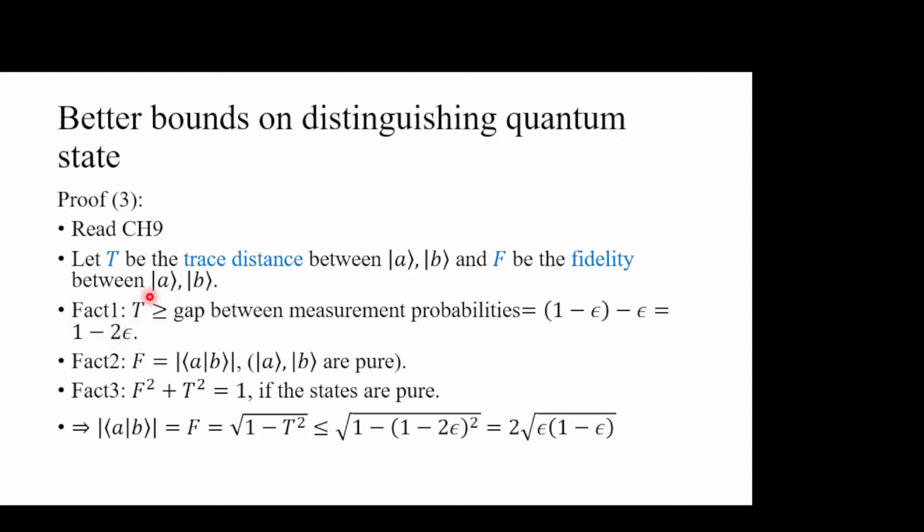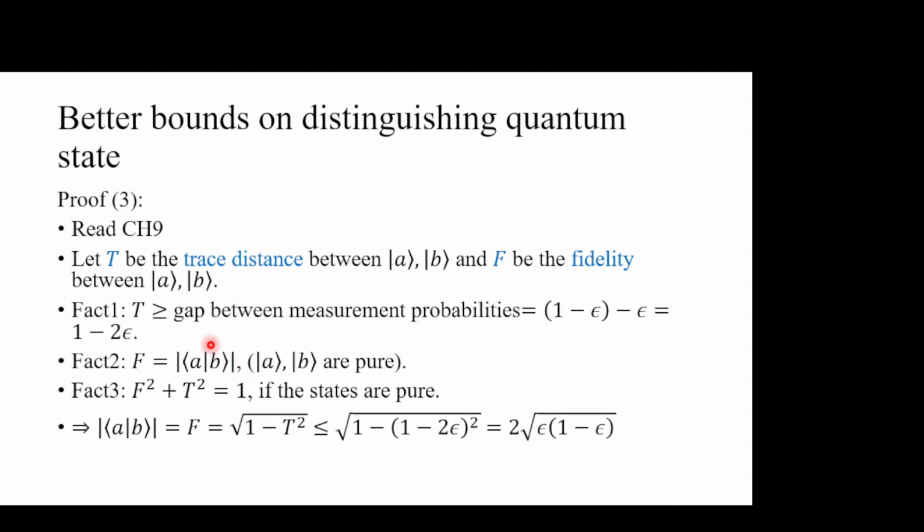The trace distance has a very algebraic definition that we will not go over here, but it has a very operational meaning. That is, it is an upper bound on the best probability you can get in distinguishing those two quantum states.